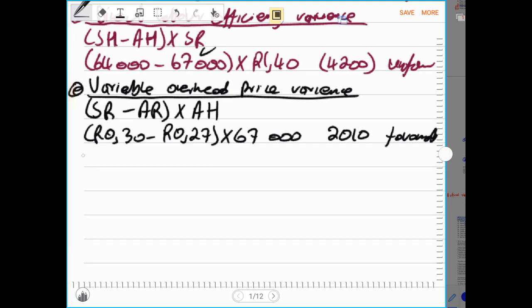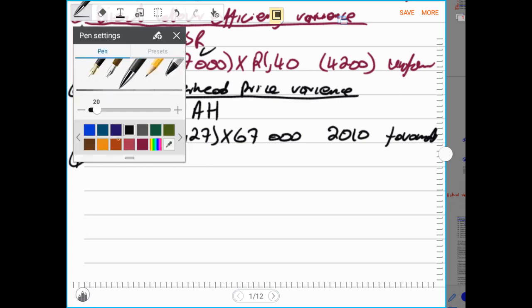Then under number F, we do the variable overhead efficiency variance. I just want to change the color so that I have different flavors.